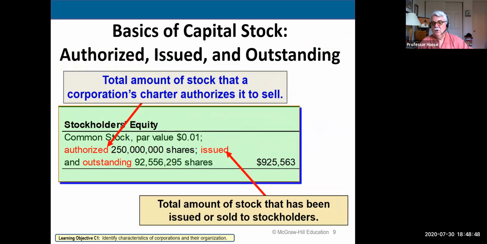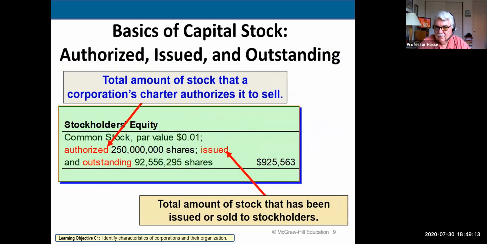When a company incorporates, in other words, if you become a corporation, does anybody happen to know what state in the United States most corporations are incorporated in? The state is Delaware. Why?